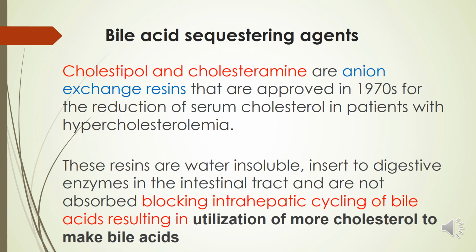The examples of these bile sequestering agents are cholestipol and cholestyramine, which are anion exchange resins, and as mentioned earlier, they act by blocking the intrahepatic recycling of bile acids and thus forcing the liver to utilize more cholesterol in synthesis of bile acids, and this will contribute to lowering of blood cholesterol levels.